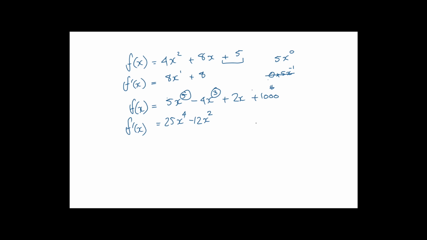That's going to be to the power of 2. There's a 1 here. The 1 times 2 is 2, and that x disappears. And the constant term here, there's no x in it. So therefore any change in x is not going to be affected by that, so that goes. And that's going to be our answer.